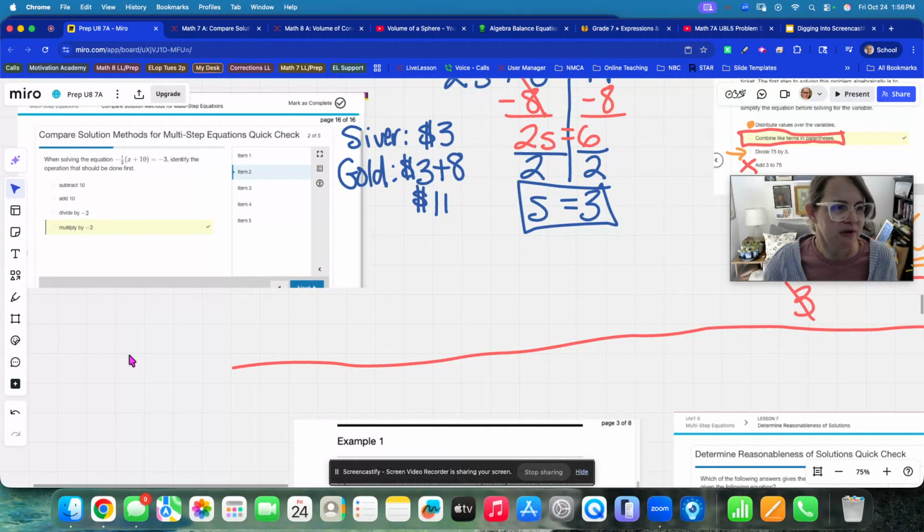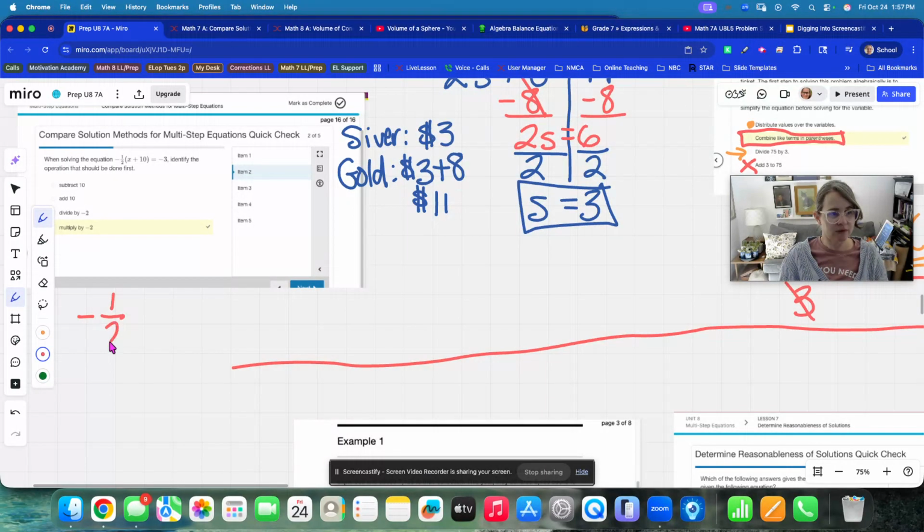Okay, when solving the equation -1/2 parenthesis x plus 10 equals -3, identify the operation that should be done first. Like I say, Pearson's getting a little judgy here. You could decide that you wanted to distribute as your first step. But should you? It's a little judgy.